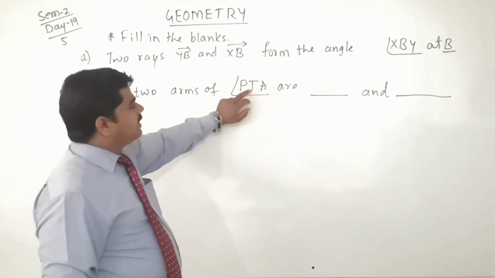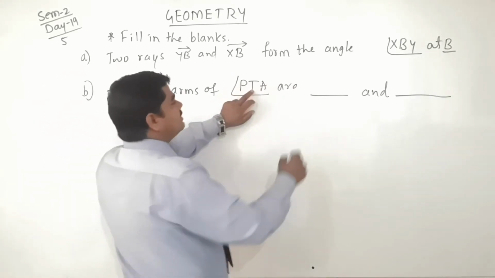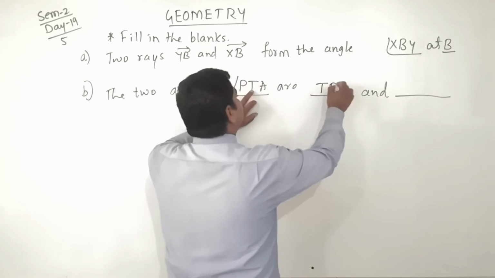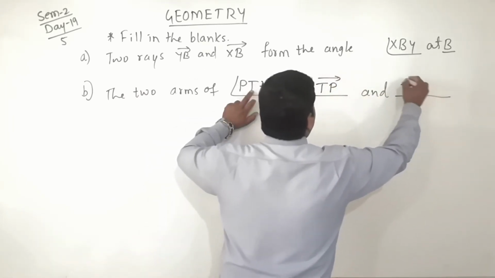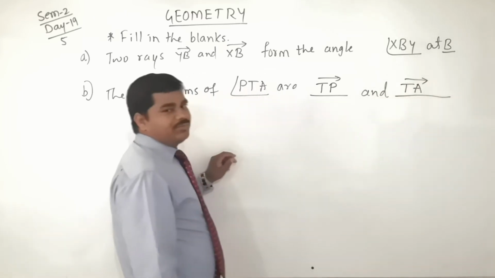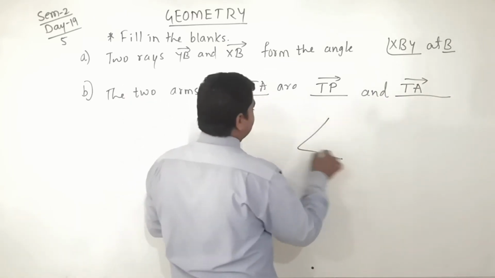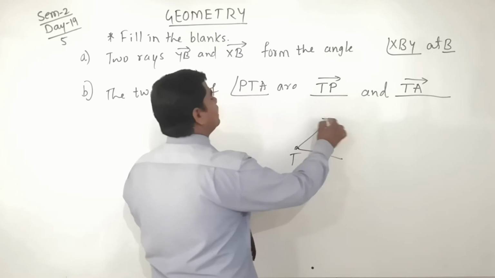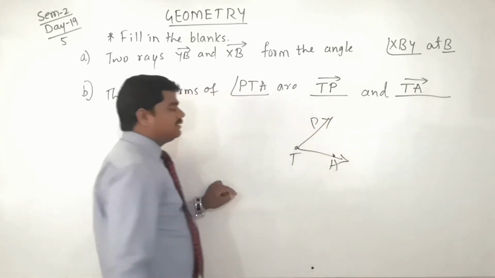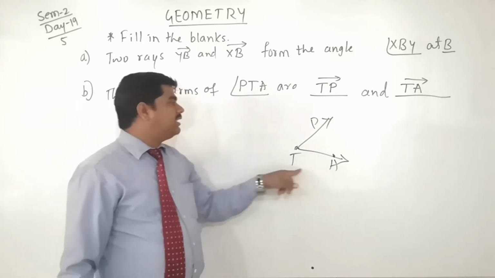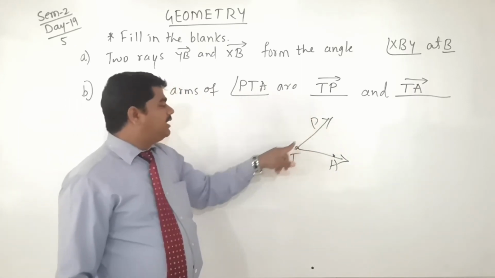First, the middle vertex should be T. Then we can write TP is a ray and TA is another ray. They form an angle here. Here this is T, here P and here we can take A. Then angle ATP or PTA.